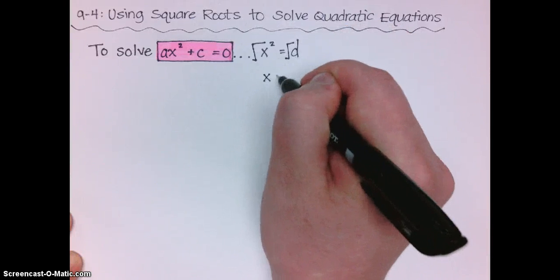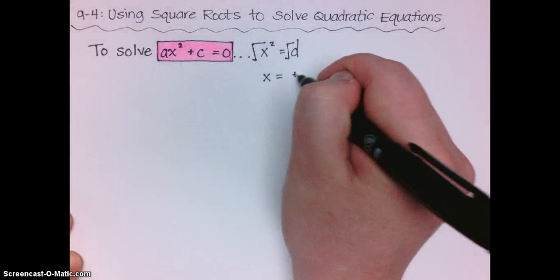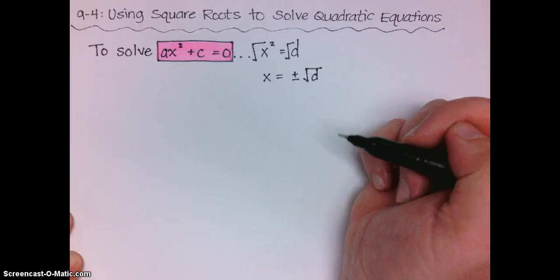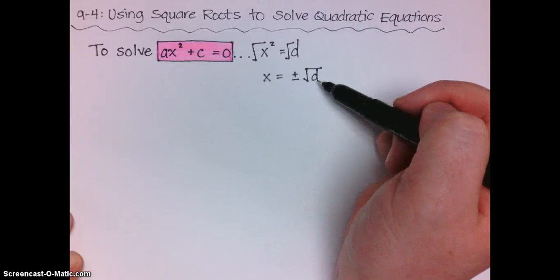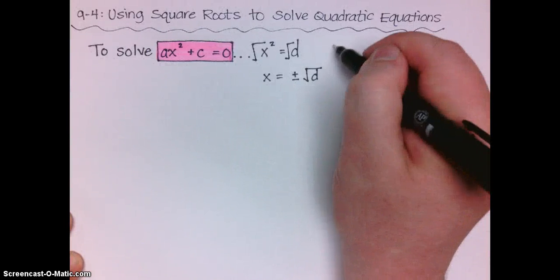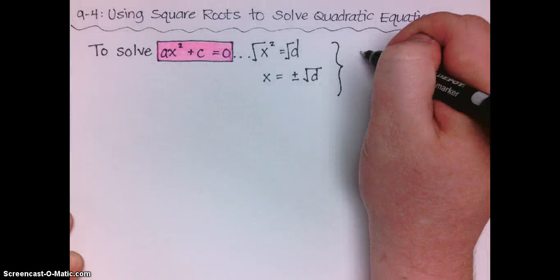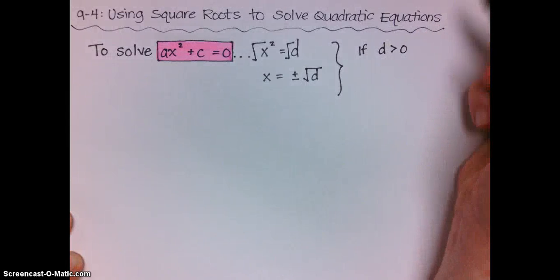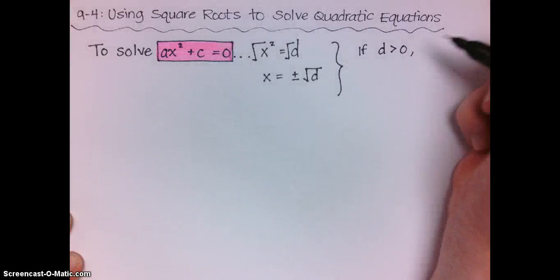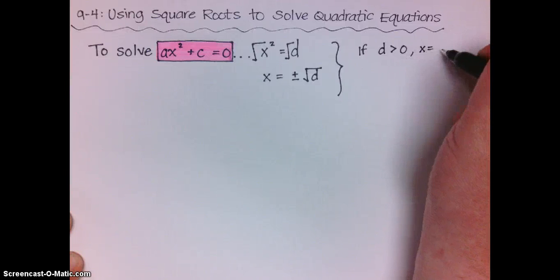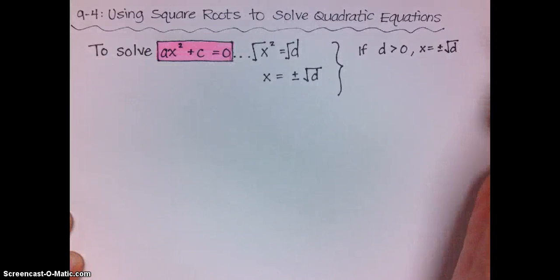So x is really going to be equal to plus or minus the square root of that number d. There's going to be a positive version of this and also a negative version. That's what the plus minus means. If we find that this number d is greater than 0, then we're going to find two different solutions for our x, a positive version of that square root of d and also a negative version.